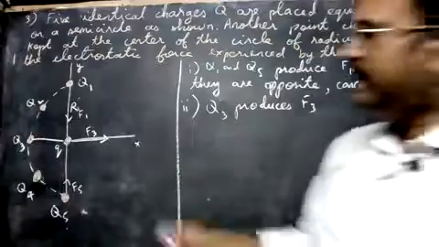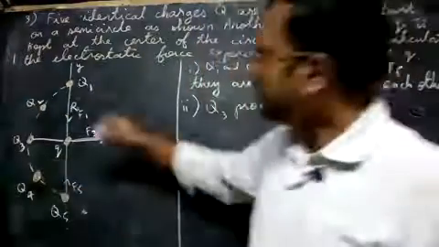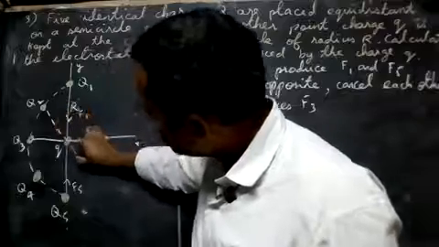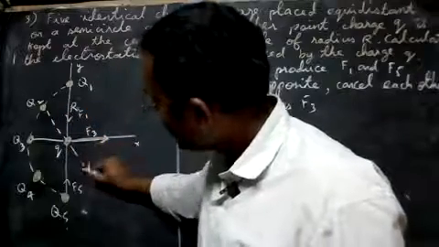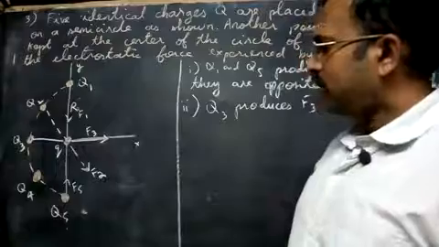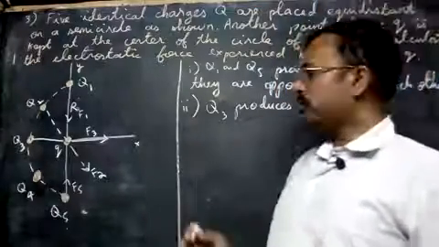Now let us take charges Q2 and Q4. This charge Q2 will give a force this way, which we name F2. Now see, any force can be resolved into two components. We study resolution of vectors, and force is a vector quantity.